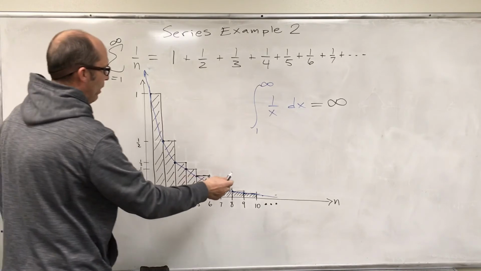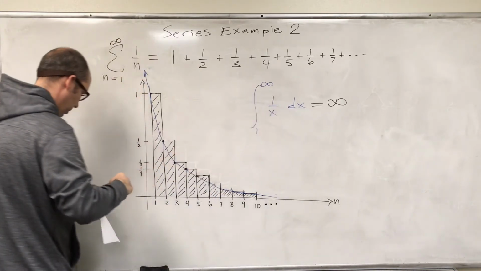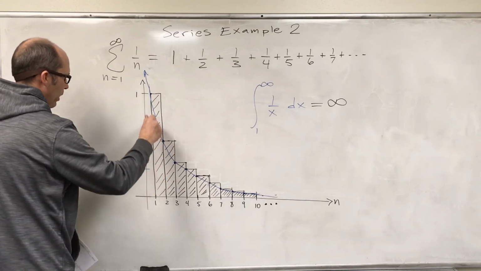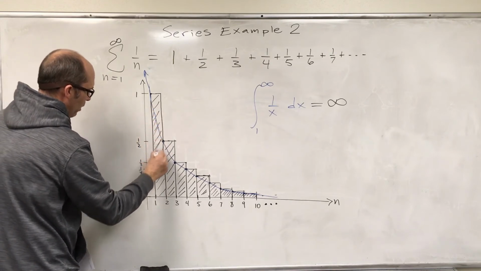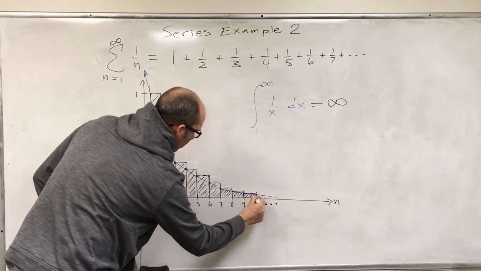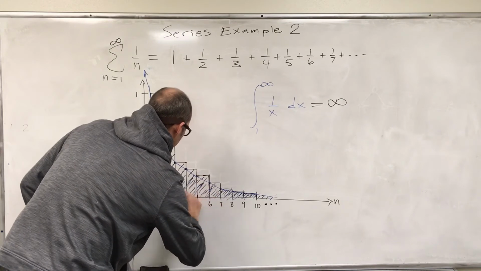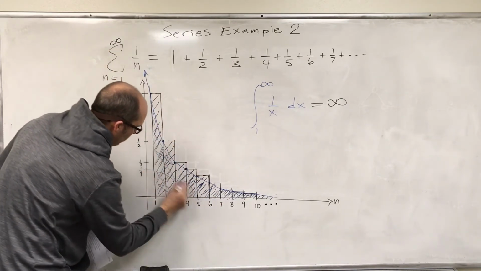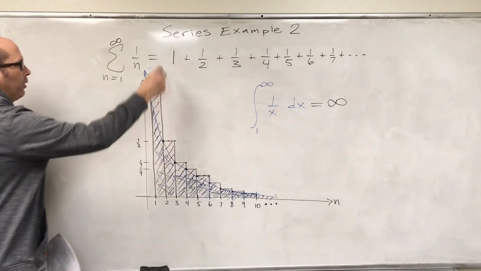Now notice that this area that this represents, let me do that in blue, is underneath the area represented by the rectangles for the infinite sum.